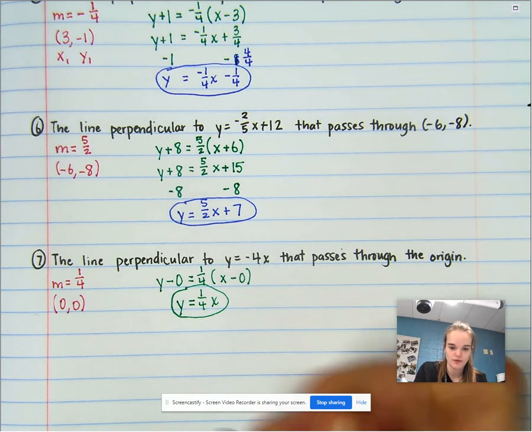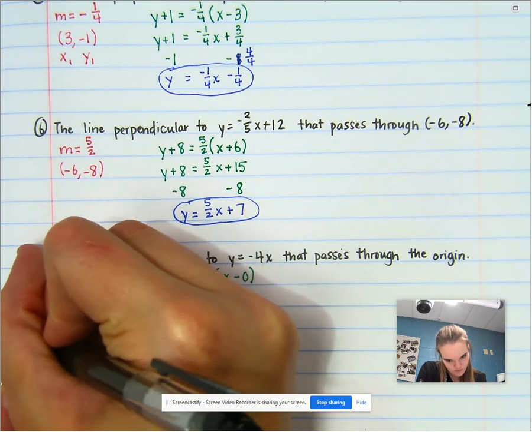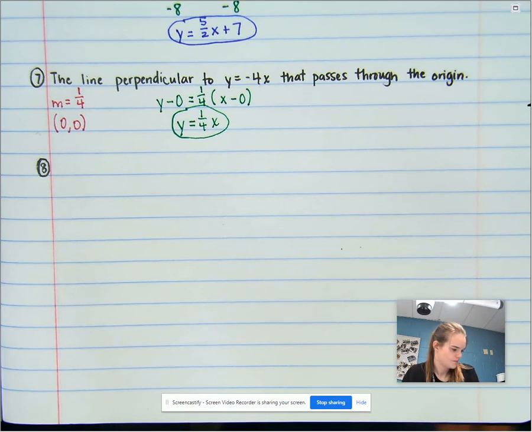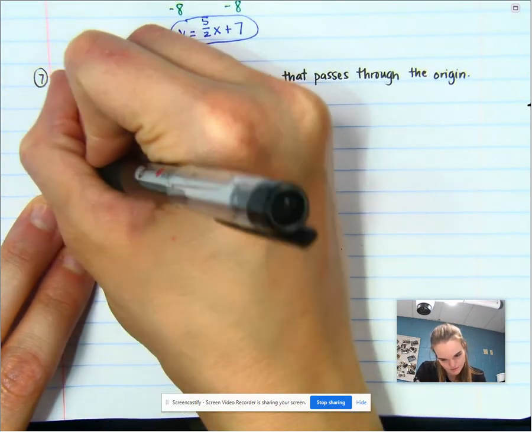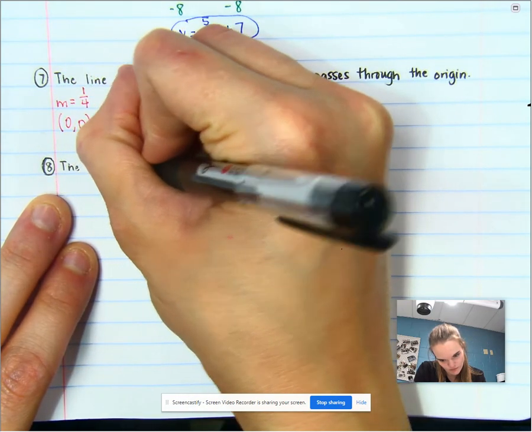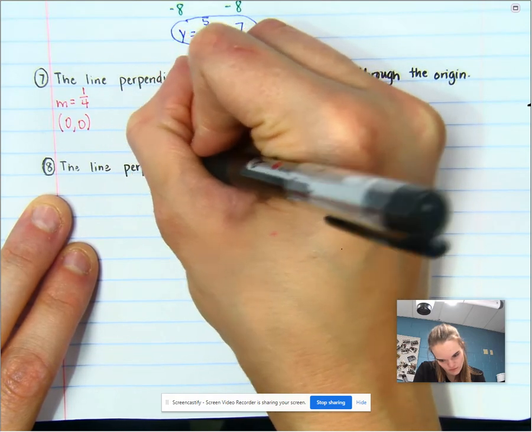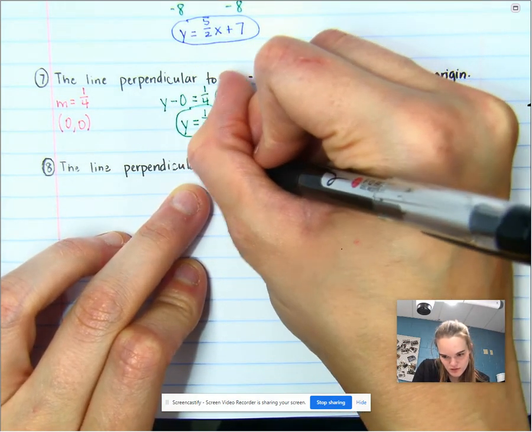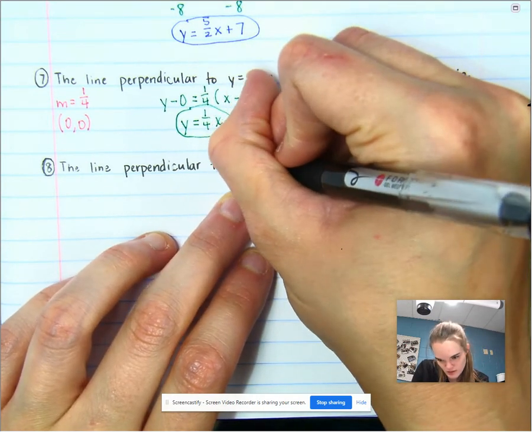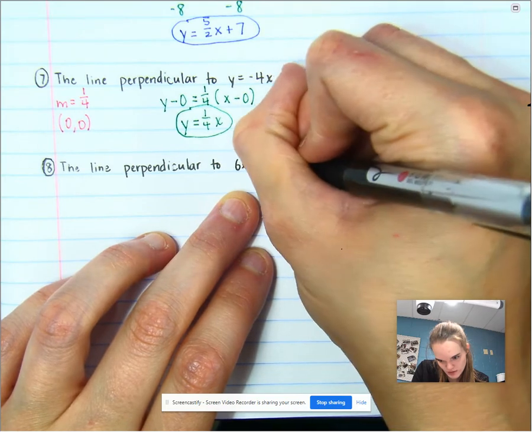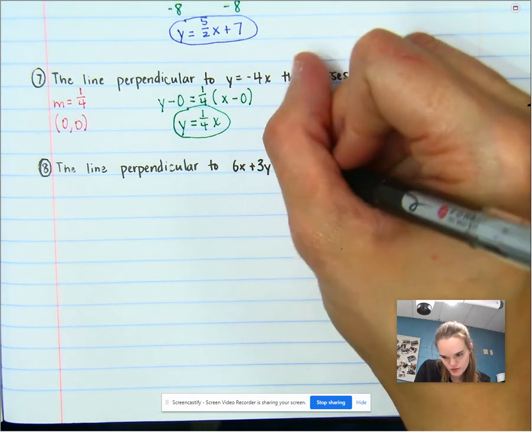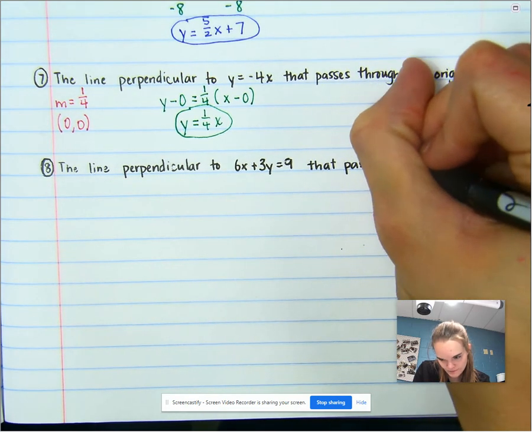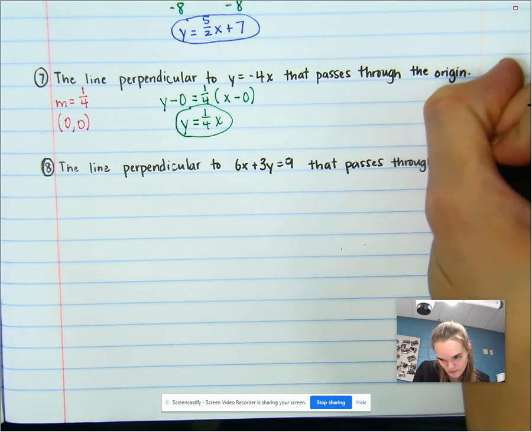Okay, last one we're going to do, number 8. The line perpendicular to 6x plus 3y equals 9 that passes through 2, 2.